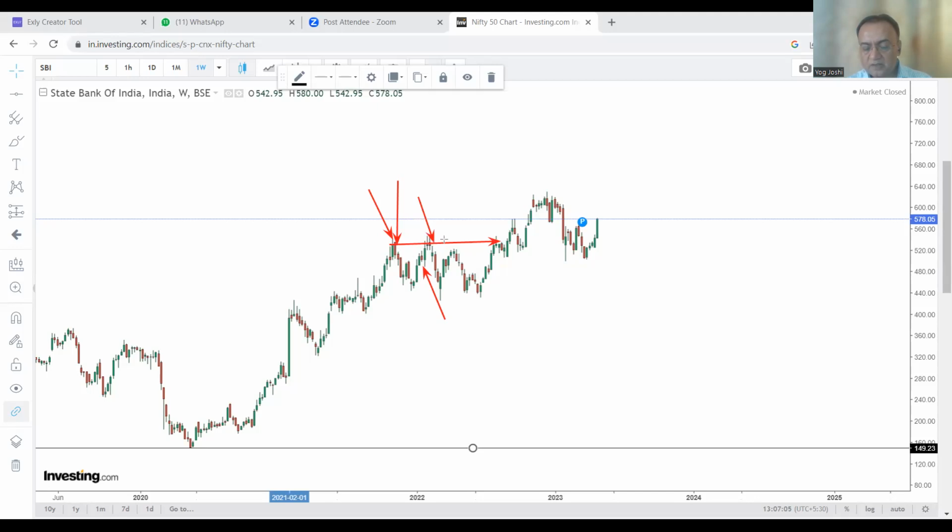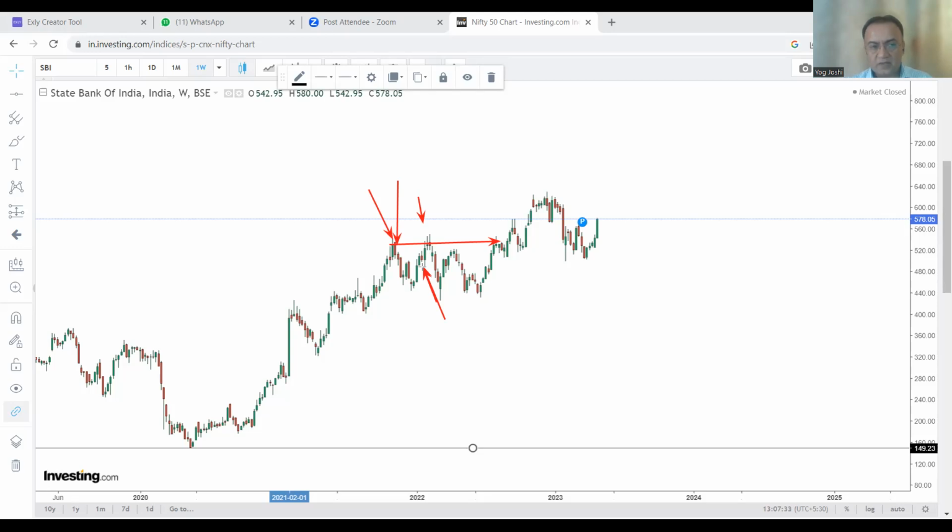We are able to predict this when price reaches this level. So this is known as technical analysis: to learn and analyze the historical data and predict the future movement of any commodity or any chart.